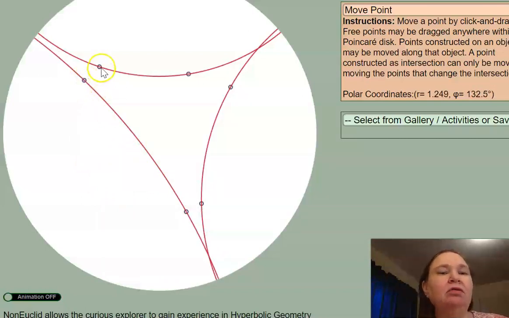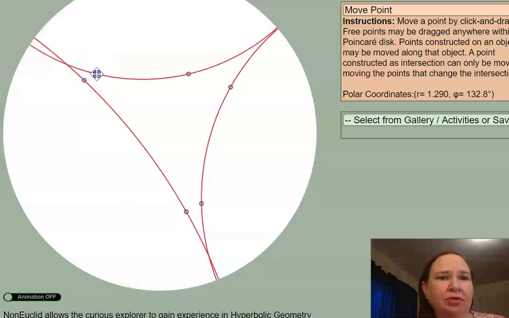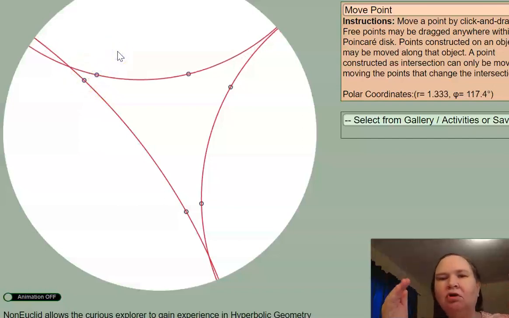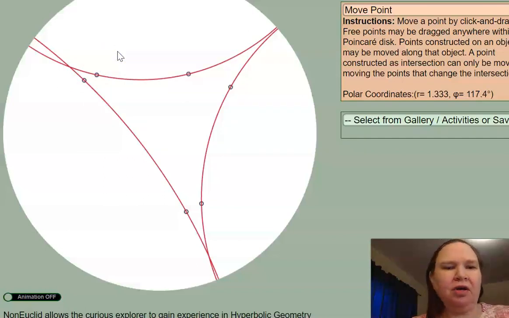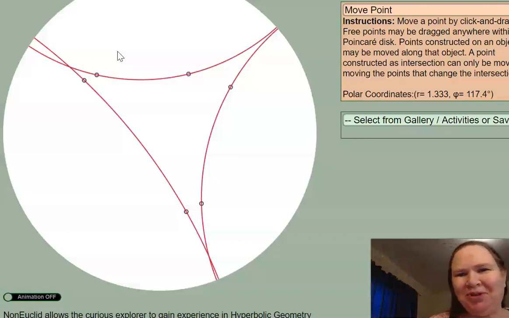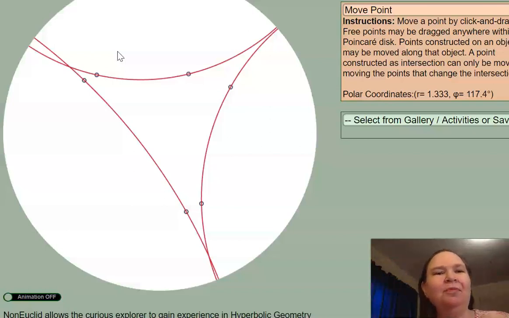All right, and so your job with hyperbolic geometry right now is not to go out and learn how to integrate to find hyperbolic lengths, though there's lots of web pages that'll tell you how to do that. Your job is to get a mental image, maybe with this Poincare disk model.